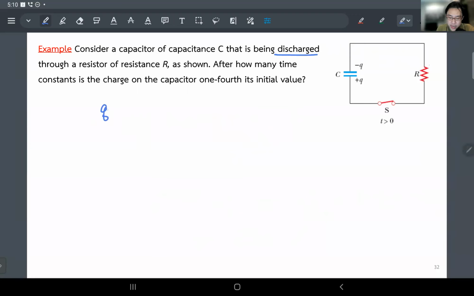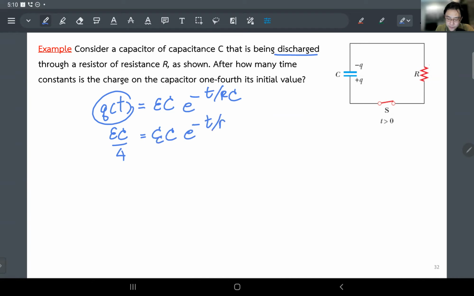Discharge means the charge at any time starting from the maximum charge possible, and it's going to be exponential decay. Cool. Just use it. But then what you want is for it to go down to just 1/4 of the maximum. So this means you put EC over 4 on the left-hand side. And because you want everything in terms of the time constant, at the end it's going to be simple.